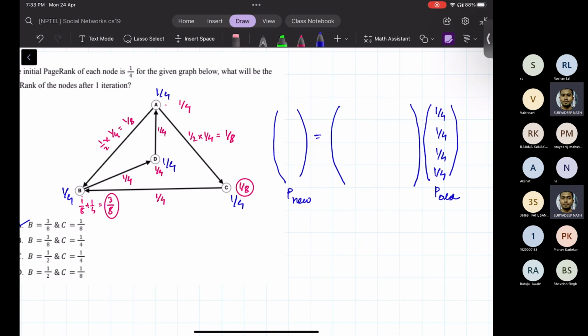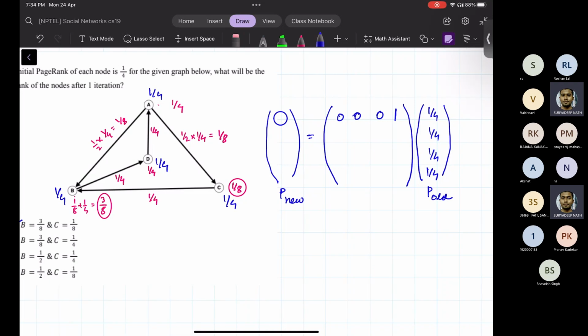The first element denotes the new page rank of A. Page rank of A comes from the nodes that are pointing to A, and the only node pointing to A is D. So it gets the entire page rank of D. This is how you get 0, 0, 0, 1.